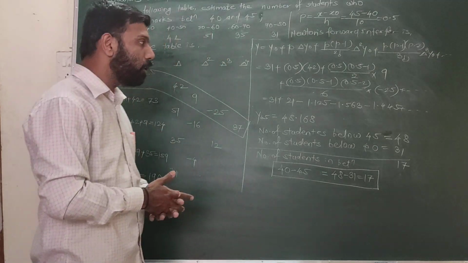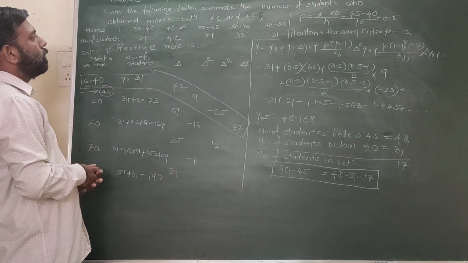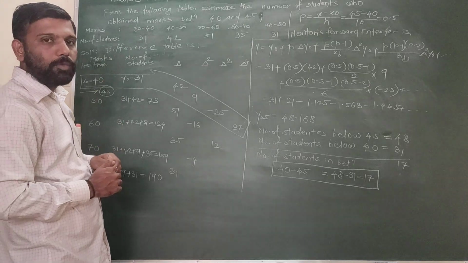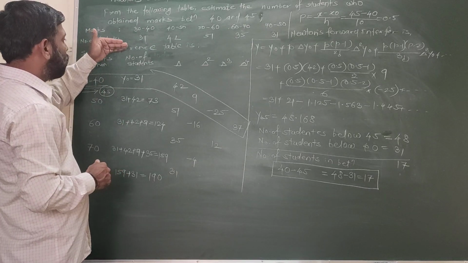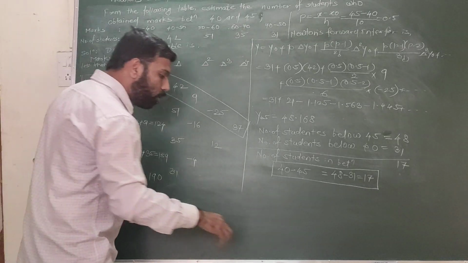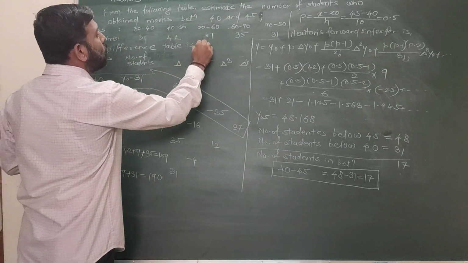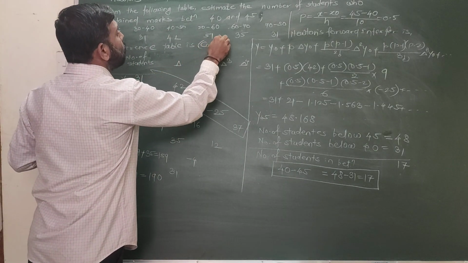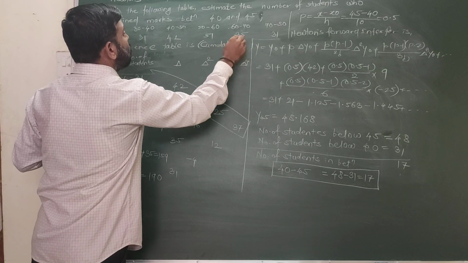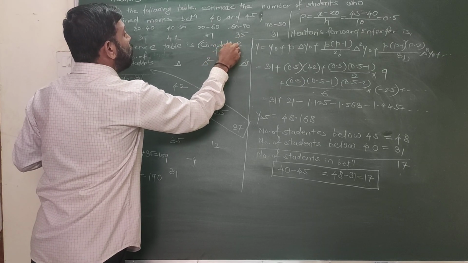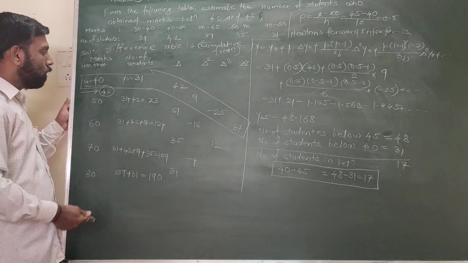So this is a logical question actually, and the data has been given in a grouped form. The table we have prepared, we call it a cumulative frequency table.